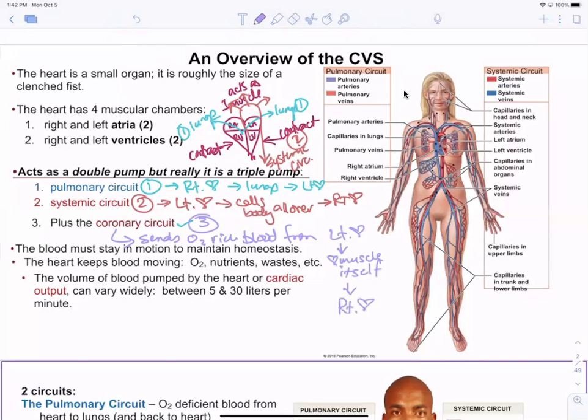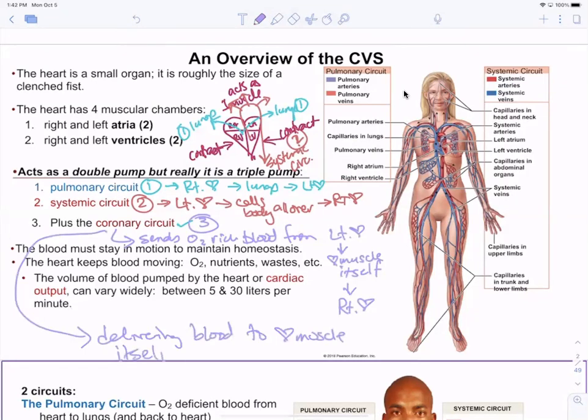So the coronary circuit is delivering blood to the heart muscle itself, right? Because the heart muscle needs to have an infrastructure too.